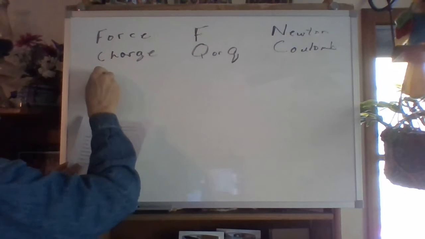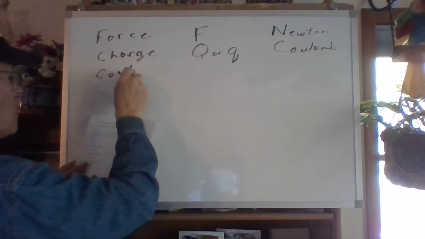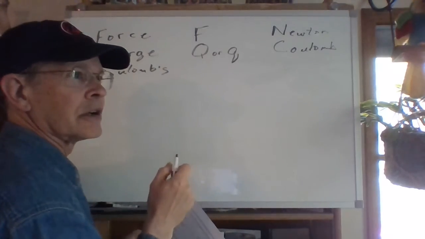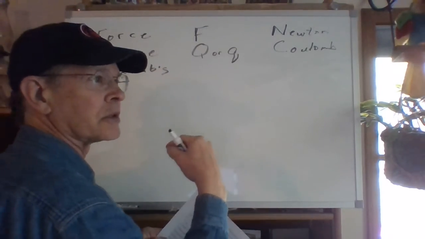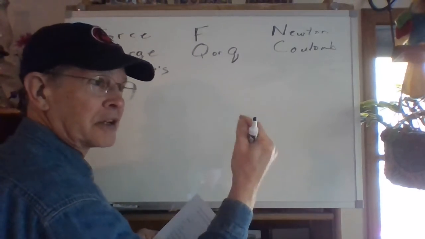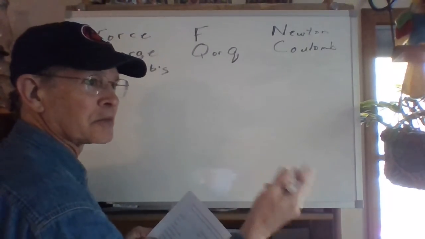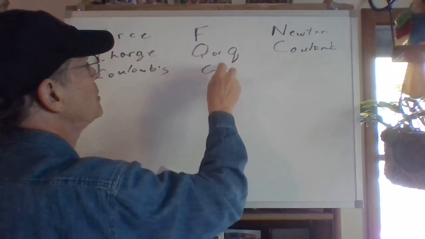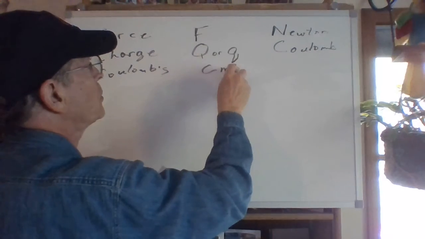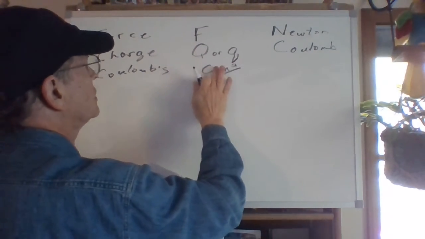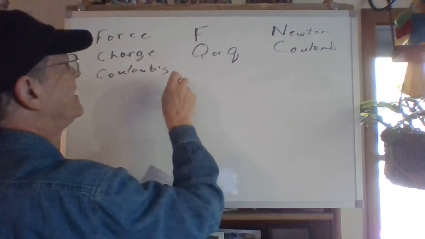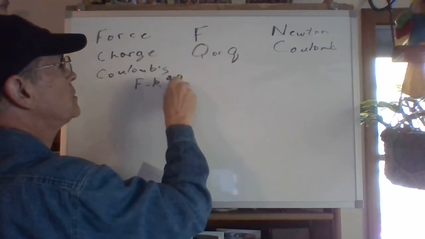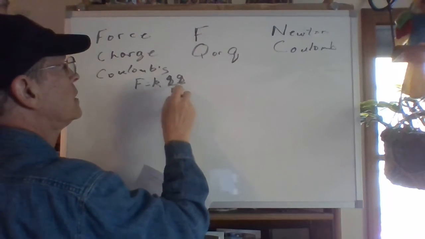The Coulomb's constant. If you remember, the equation is the force, which is equal to the product of the charges divided by the distance between them squared. Oh, wait a minute. Let's get this right. I've got to think of the equation. It's K Q1 Q2 over R squared.